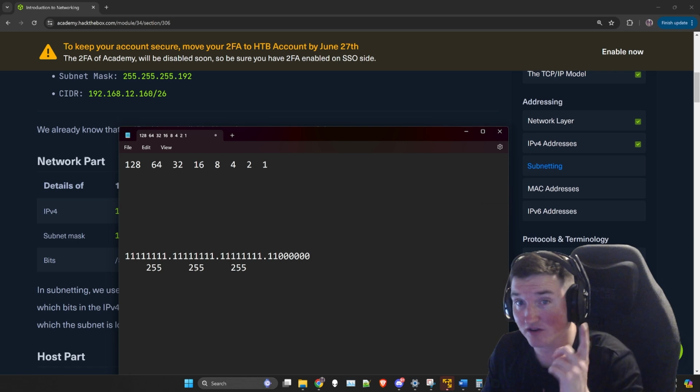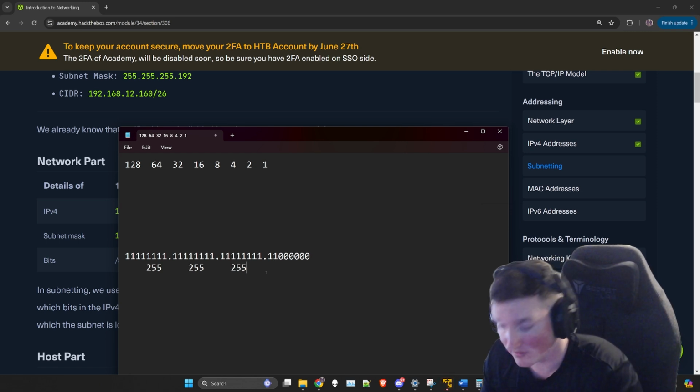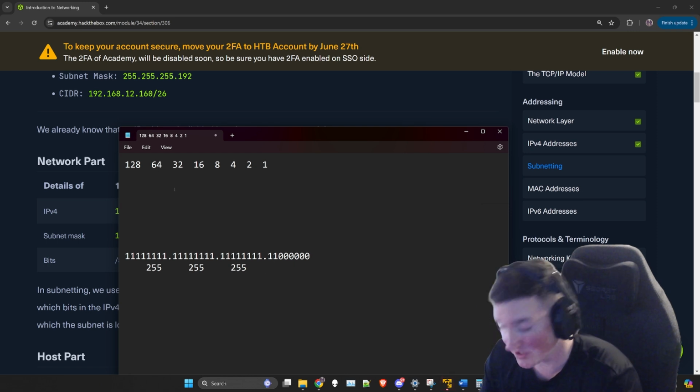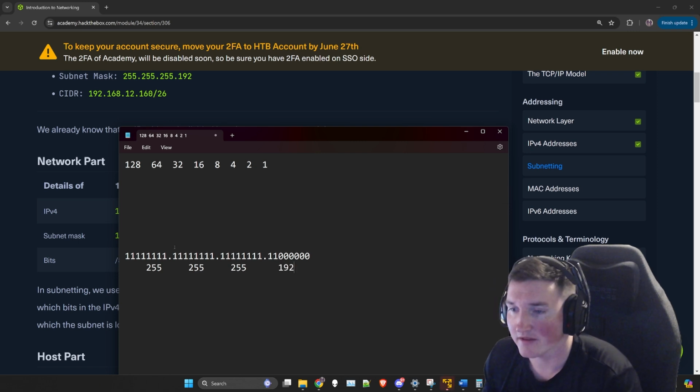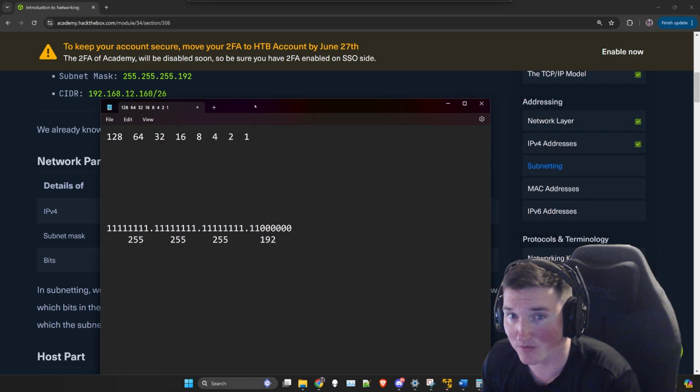So right there, we got the first 3 octets of our subnet mask. We just need the last one. If you add these up, what is it? 192. There's your subnet mask for a /26 network, 192.